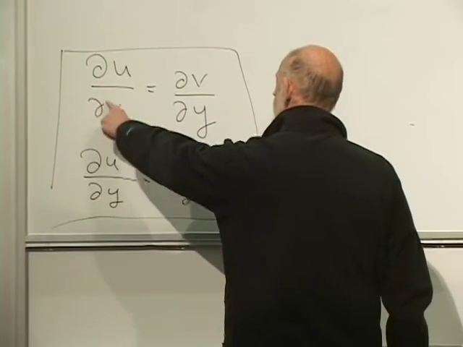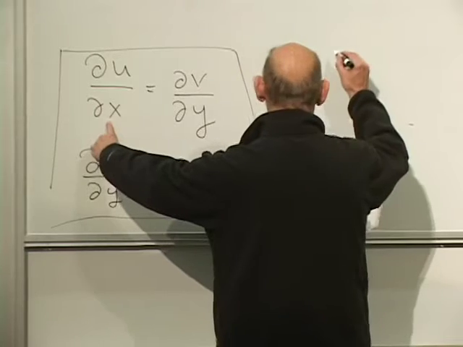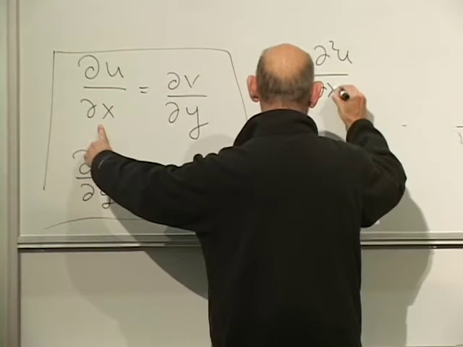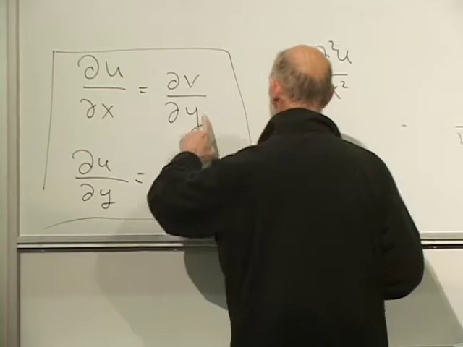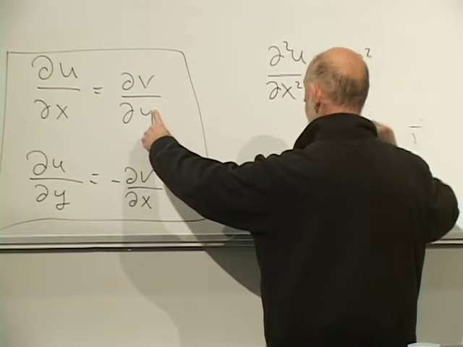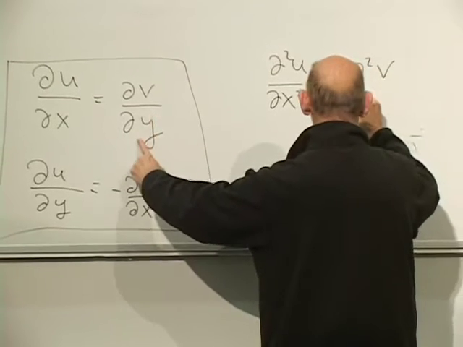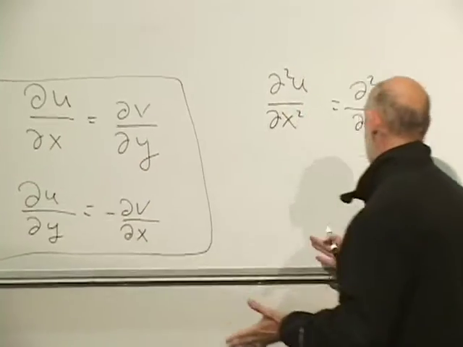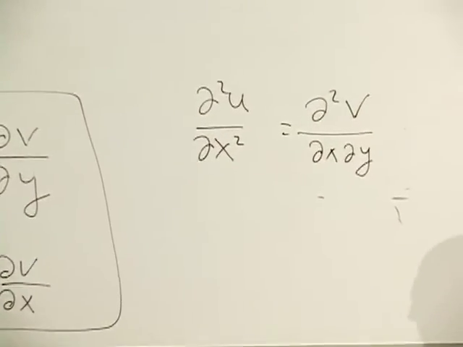Let's differentiate this equation with respect to x. That gives us the second partial derivative of u with respect to x, and that's equal to the second derivative of v, the mixed partial derivative with respect to x and y.